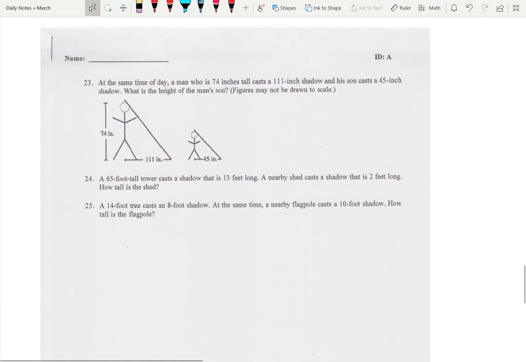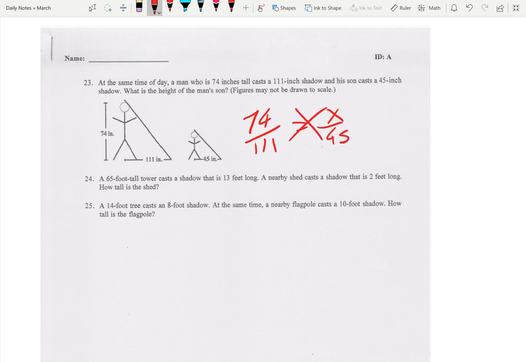And then just a few more problems. So again, number 23 is setting up your ratios again. You have a 74-inch tall person with a 111-inch shadow, corresponding with an x tall child with a 45-inch shadow. So again, you set up those proportions, those fractions like we've done, and you cross multiply.